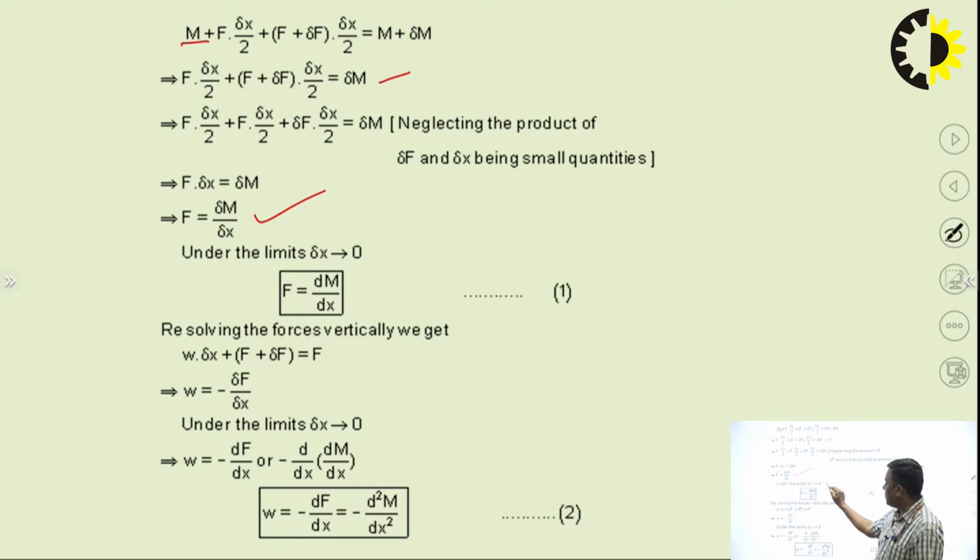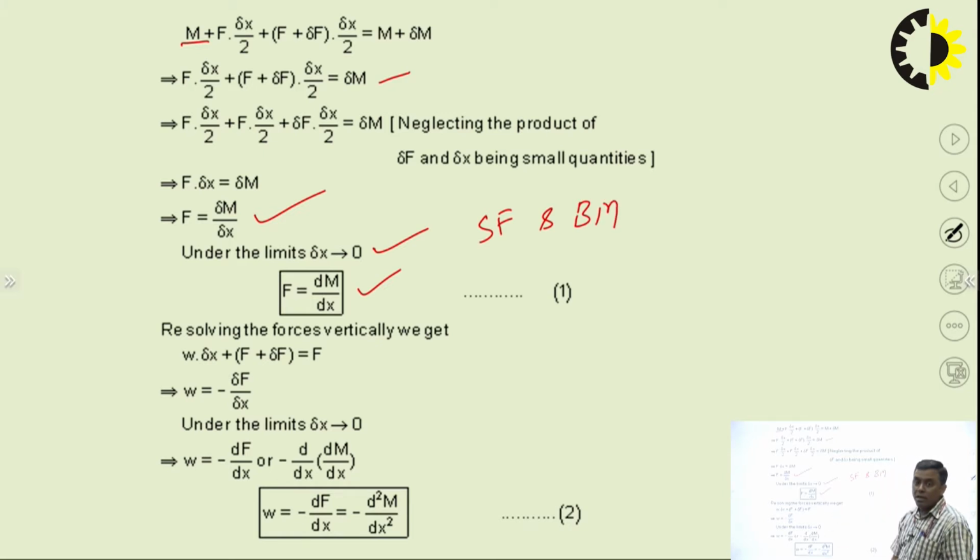In the limit, when delta x tends towards 0, I can write F equals dM over dx. So this is the one relation. This is the relation between the shear force and bending moment. F equals dM over dx. So this is the differential relation between the shear force and bending moment.